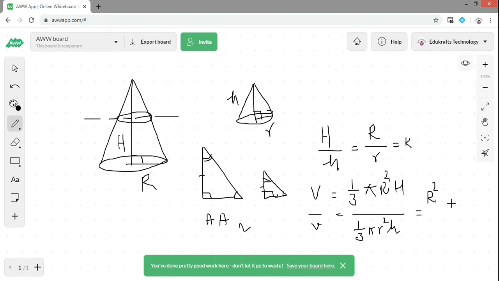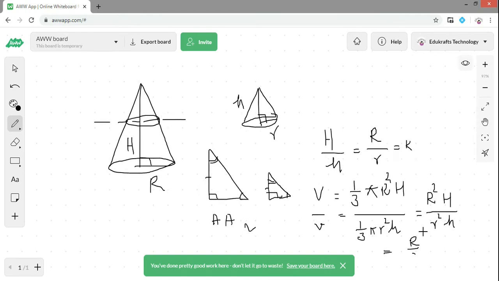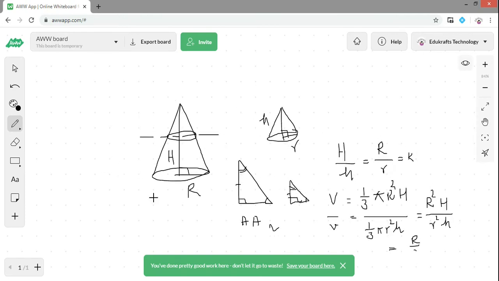Just try to keep R upon r whole square together. This gives you a scale factor of k cube, where k is the proportionality constant, which is H upon h. For R square upon r square, you can write k square, and here I write R upon r whole square.